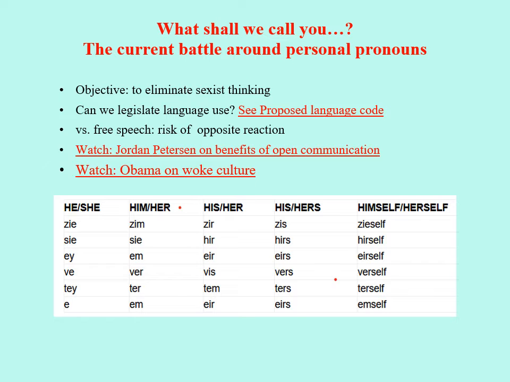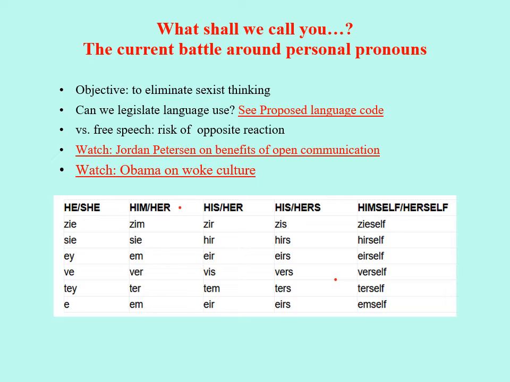The move to change personal pronouns comes from various movements that claim that they no longer want to use gendered, male, female words to describe themselves, and they demand that other people should adopt that particular use.